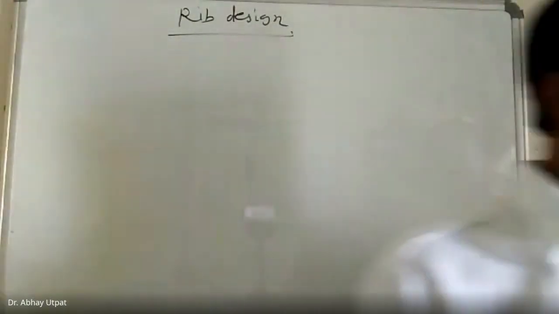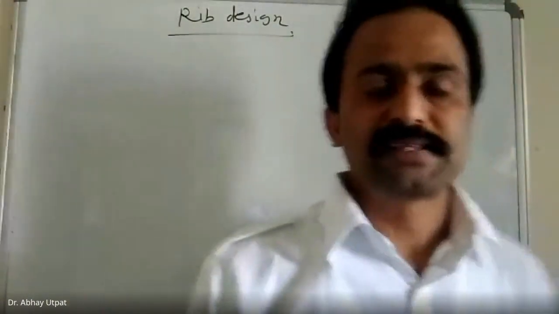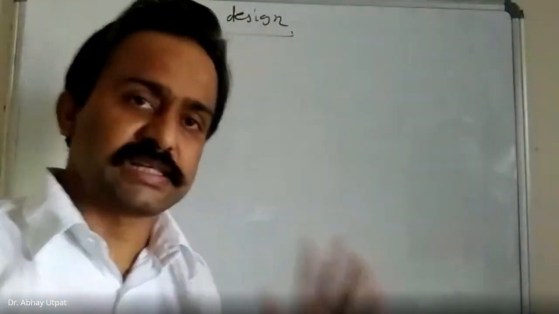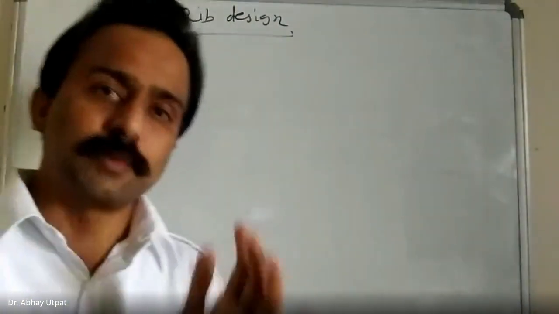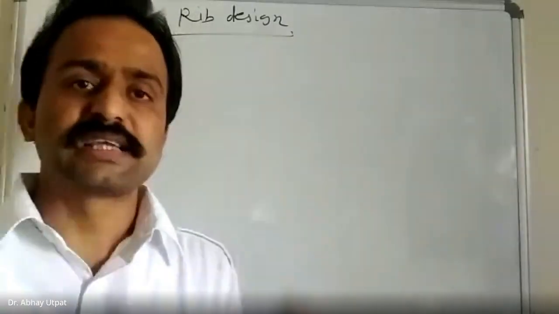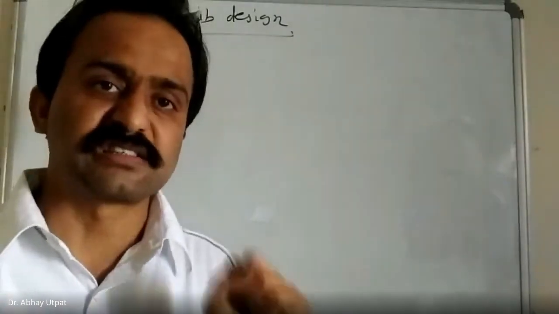Now, if I will tell you what exactly rib means, rib is extra support provided to the plastic component for increasing its stability, increasing its strength.